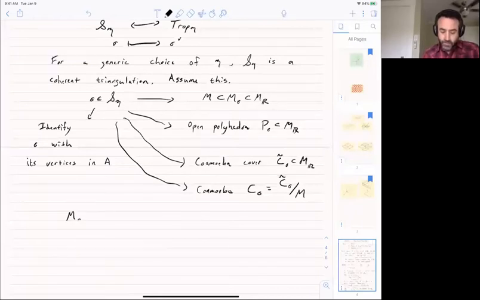So M sigma, this is going to be the set of points m in M_R so that when I pair with any element a, I have an integer. Pardon me, I need to not pair with any element a, but the difference of two elements in sigma.